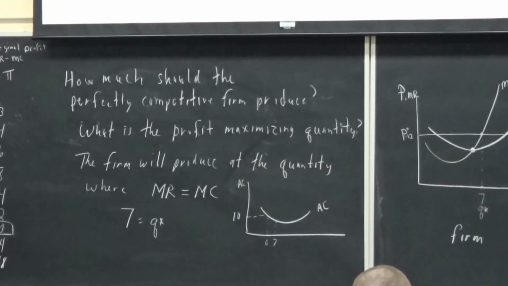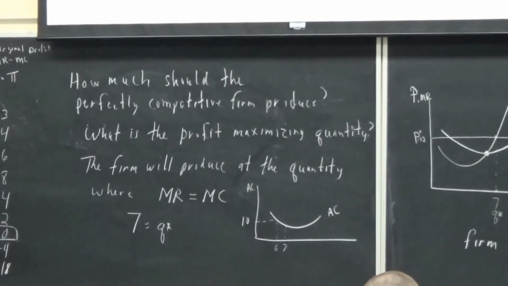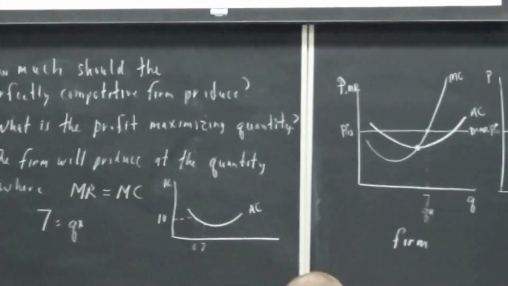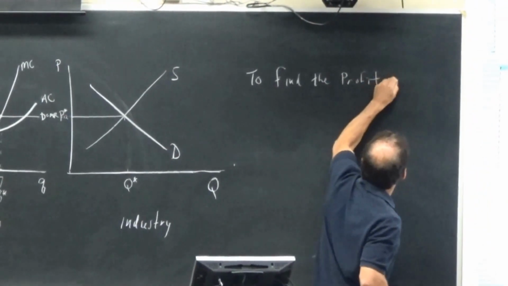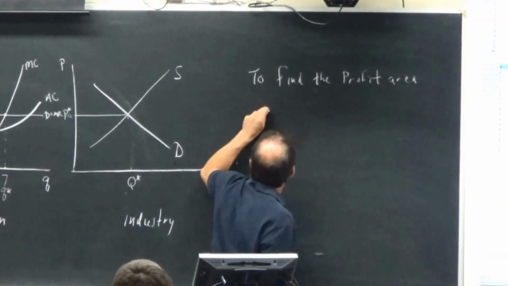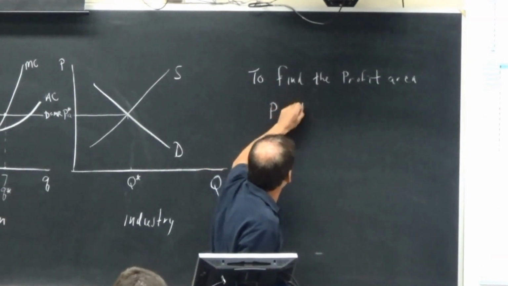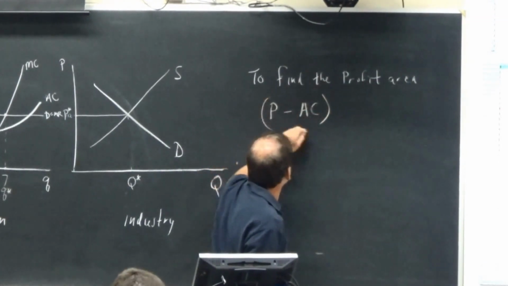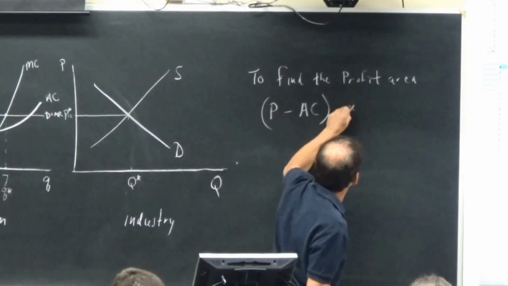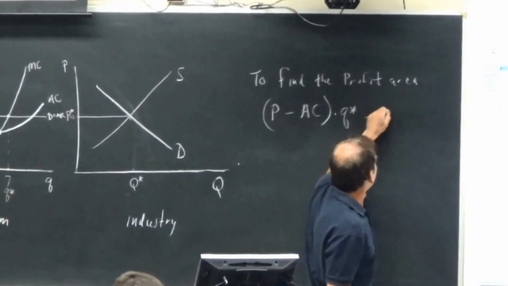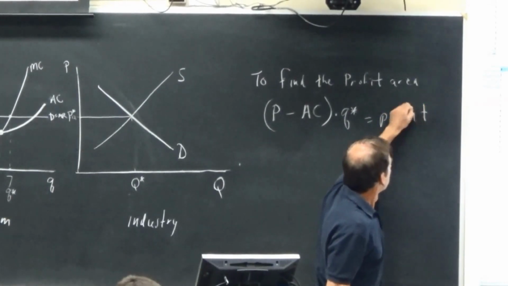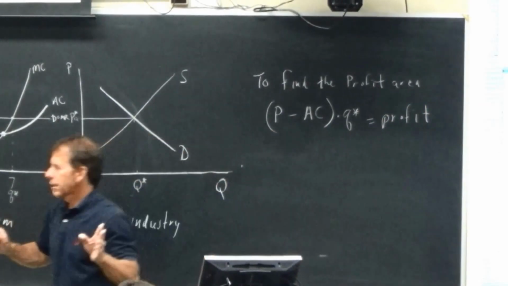So to find profit, take the price minus the average cost, times the quantity Q star. And that gives you your profit. Let me give you an example.